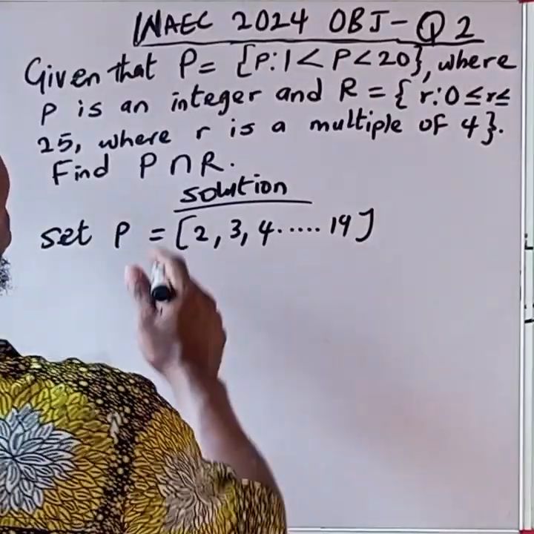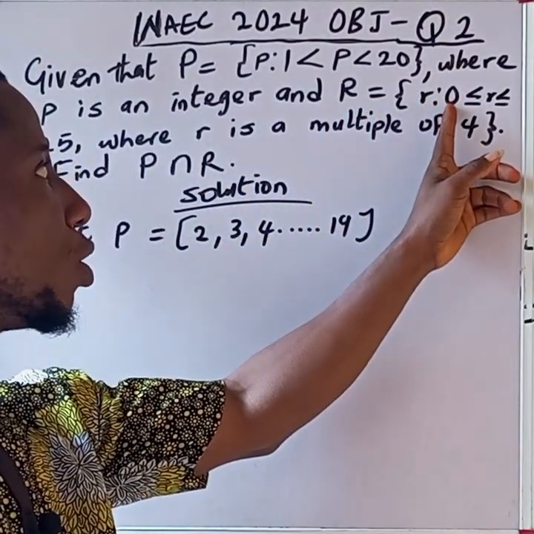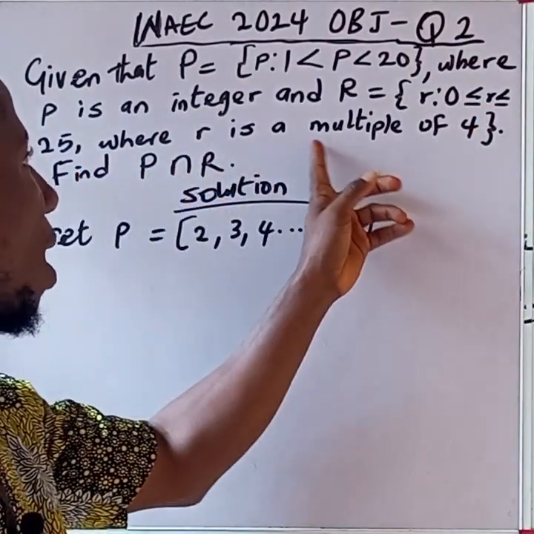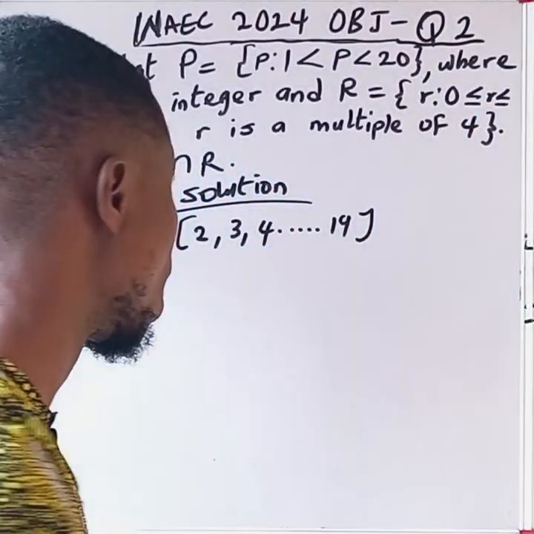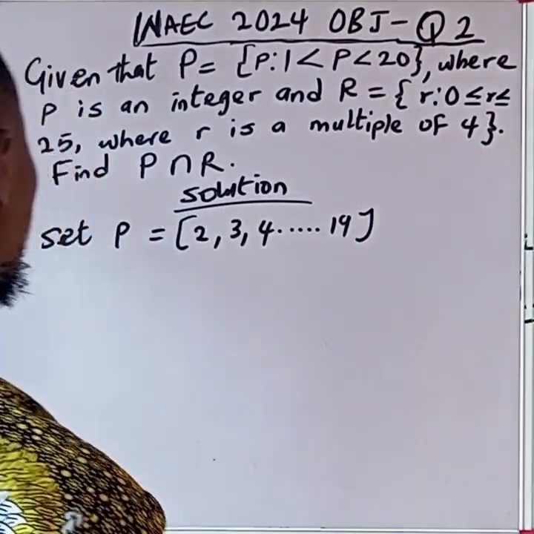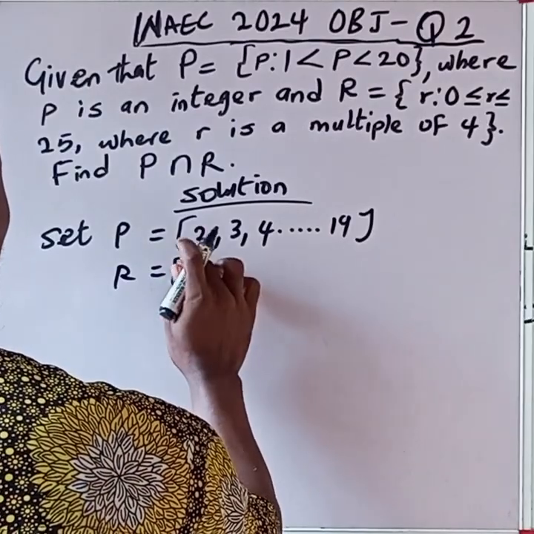Okay. Then for set R, they tell us where R is 0 less than or equals to R less than or equals to 25, and they gave us a condition for set R. They said set R is the multiples of 4. So we are going to bring out set R, which are the multiples of 4, right?